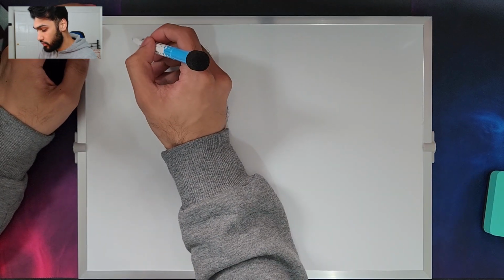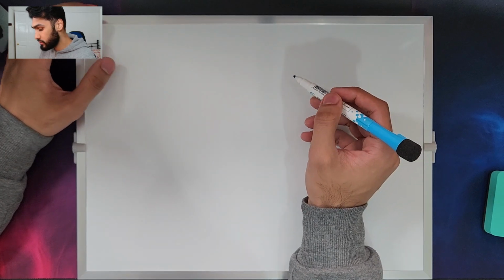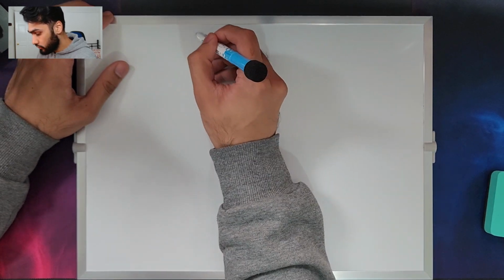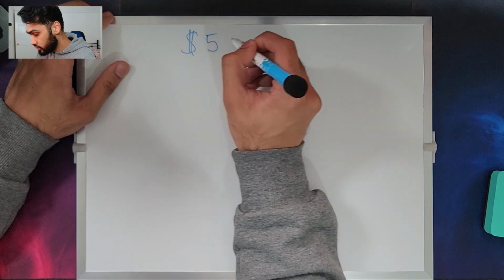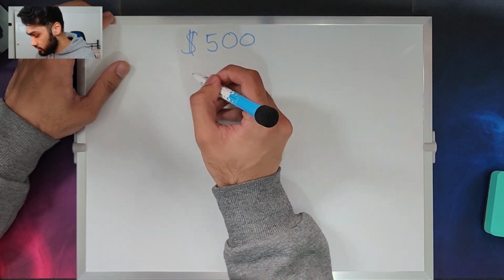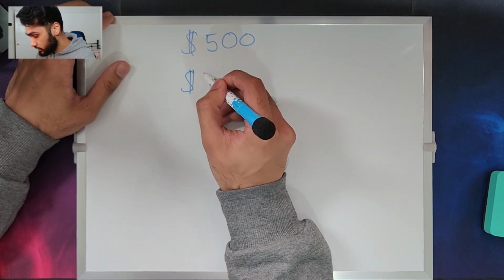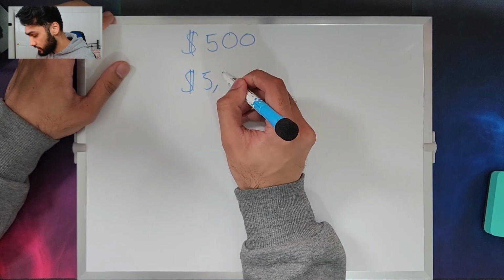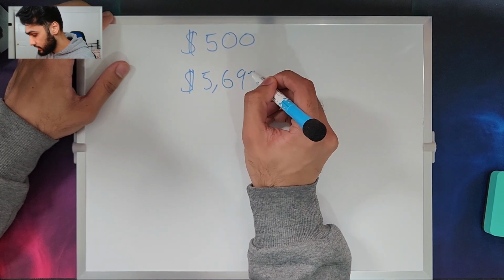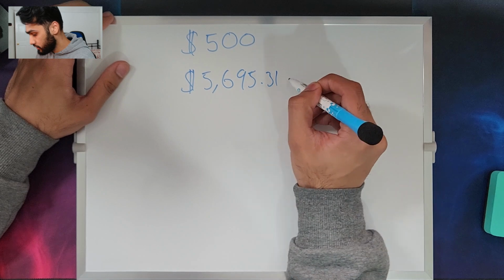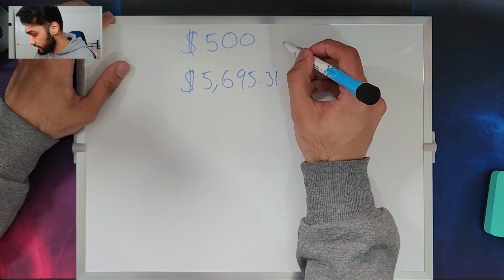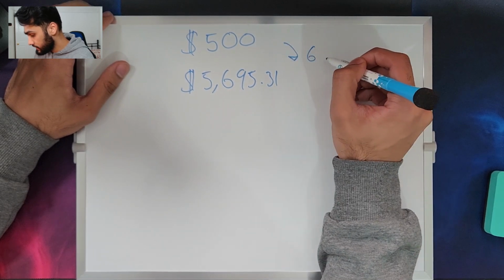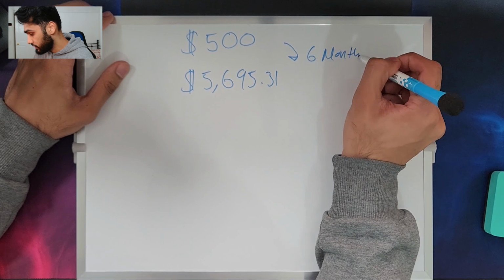So in other words, by using the compounding risk management strategy, you've gone from $500 to around $5,695.31 in a matter of 6 months.